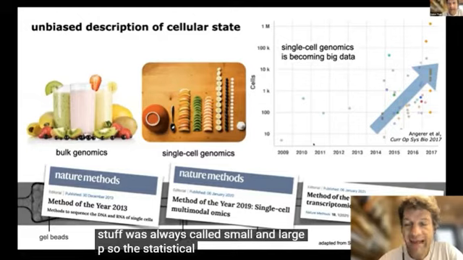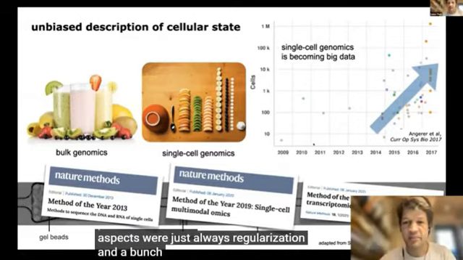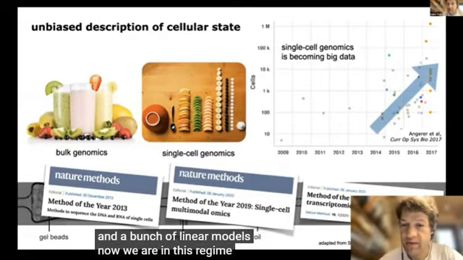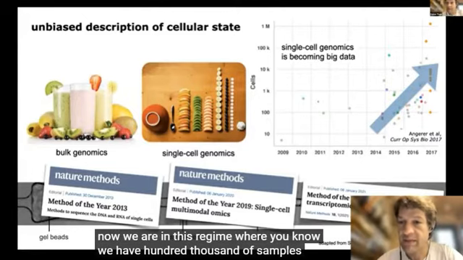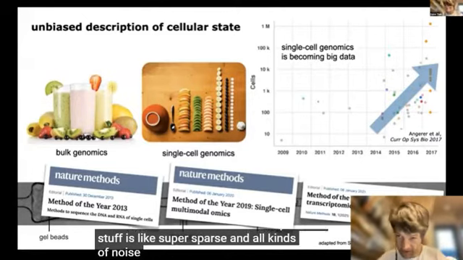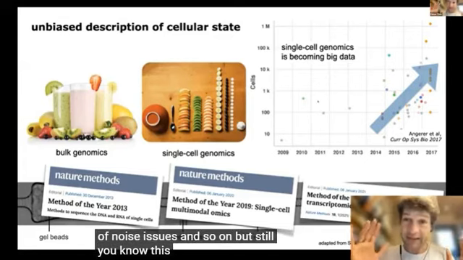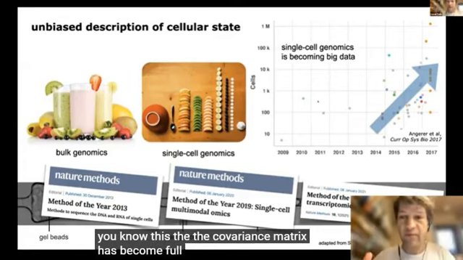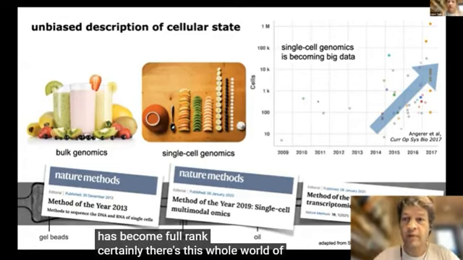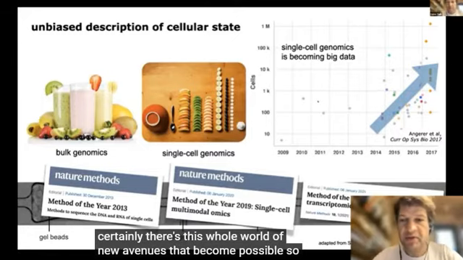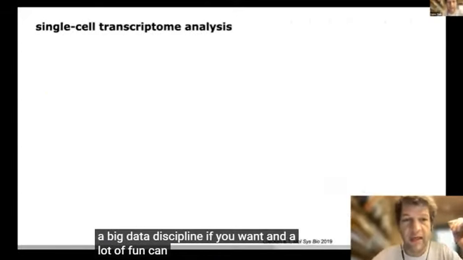So the statistical aspects were always regularization and a bunch of linear models. Now we are in this regime where we have 100,000 samples. The data is super sparse, with all kinds of noise issues and so on. But still, the covariance matrix has become full rank. Suddenly there's a whole world of new avenues that become possible. So it's a big data discipline, and a lot of fun can be had.